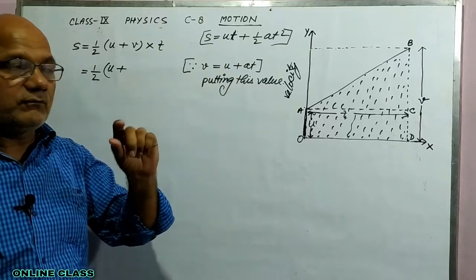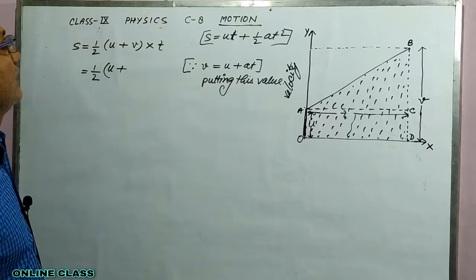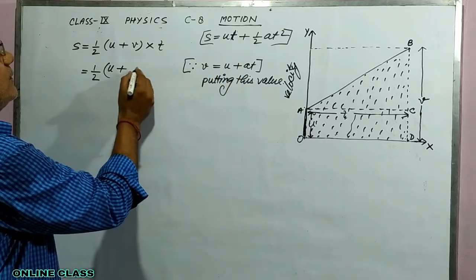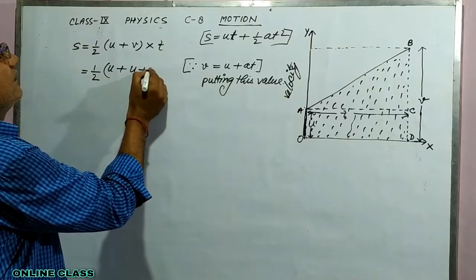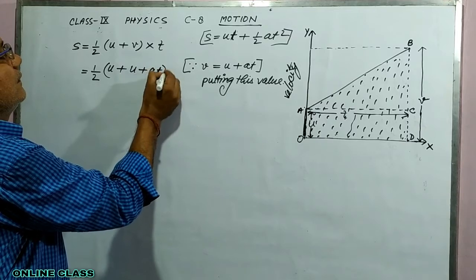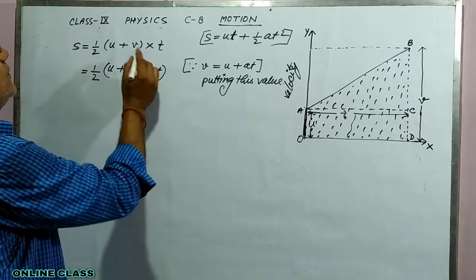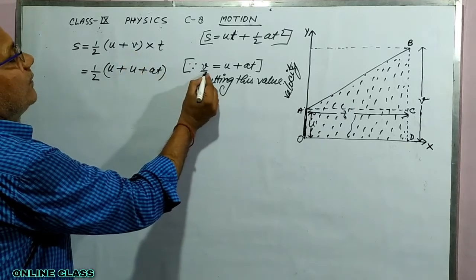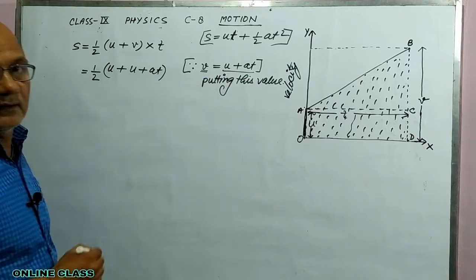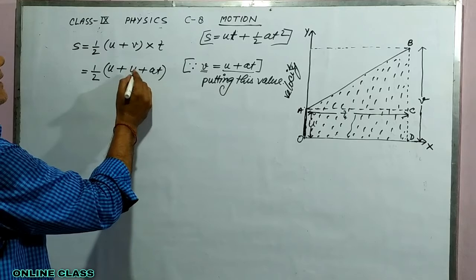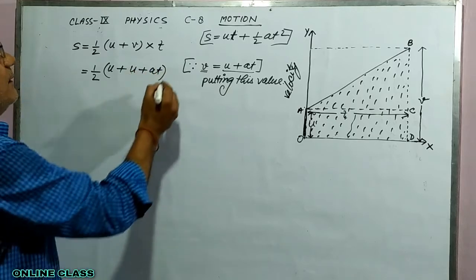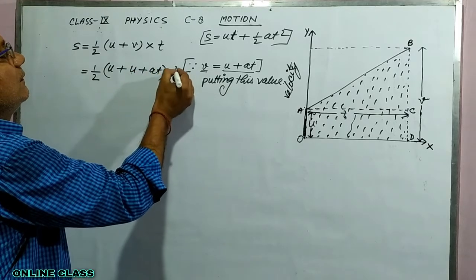So we replace it with u plus at, because you can see v equal to u plus at. So when you replace v, you can write u plus at into t.